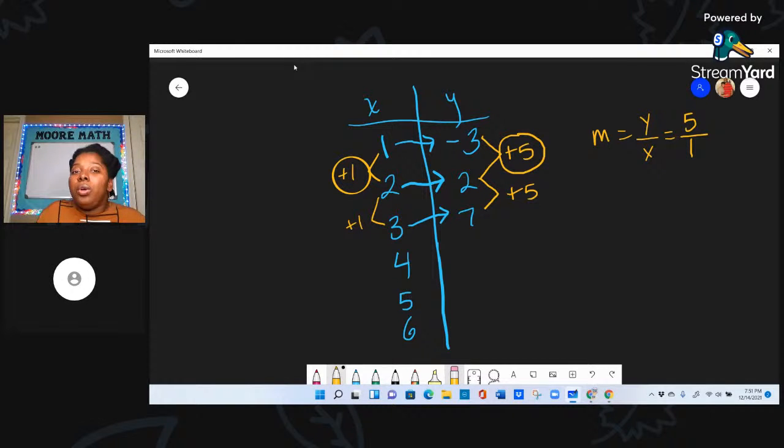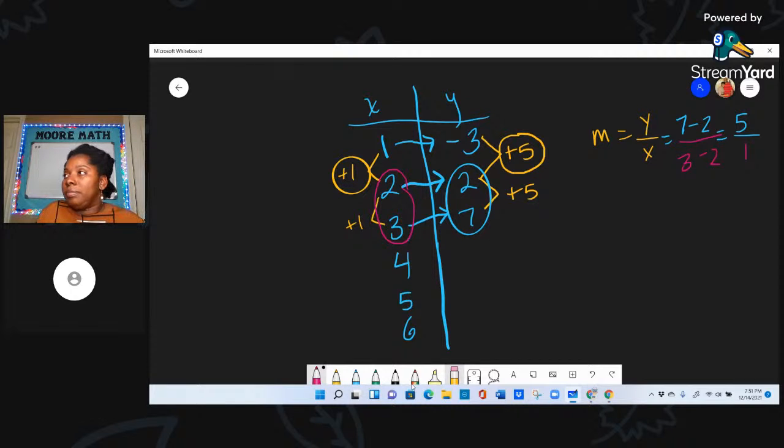Okay, so we took 2 y's and realized that it was going up by 5, right? So let's use these positive numbers. We took 7 minus 2 and realized it was 5. And then we also took 3 minus 2 and realized it was 1, right? So what's my slope? 5 over 1 is just 5.